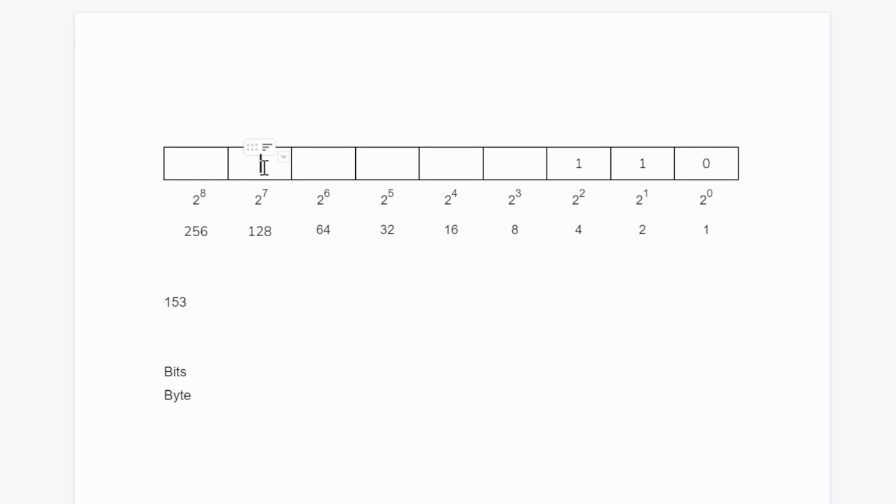So we'd put 128 in here. And so we've stored a 128, which means we have quite a few numbers left. What do we have next? If my math is correct, after 128, we still have 25 left to store. So the next biggest thing we could store in here would be 16. So let's put a 1.